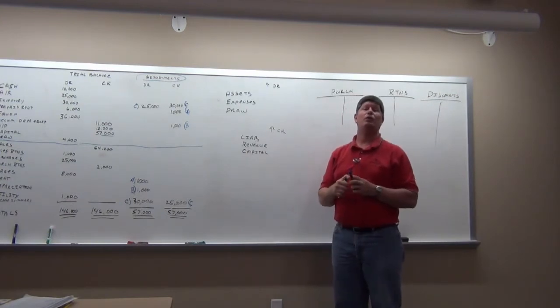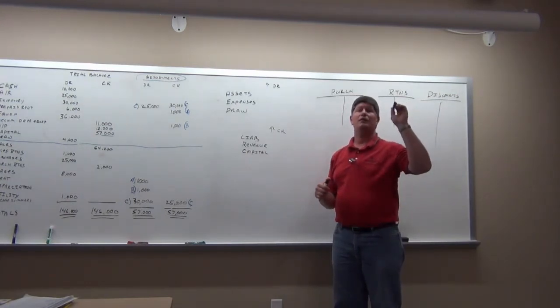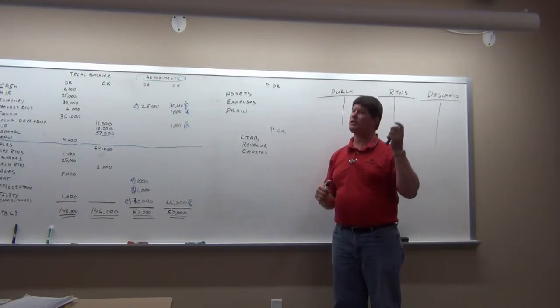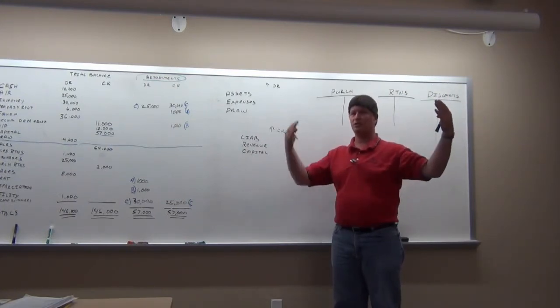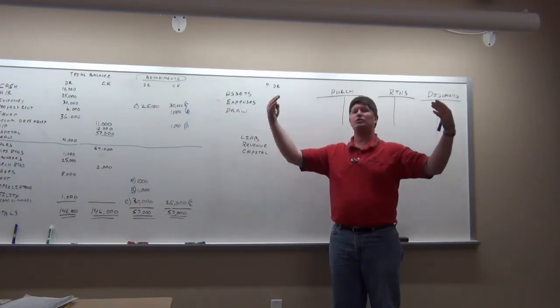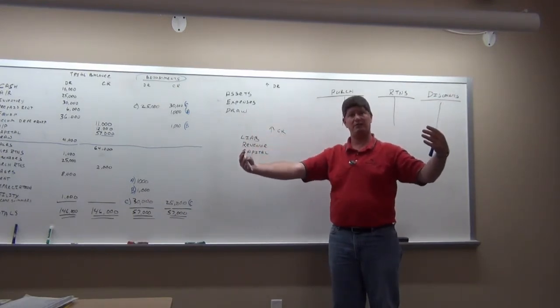You've got the whole fixed assets and accumulated depreciation thing straight in your head, right? Assets are a debit. The accumulation is a contra. Accumulated depreciation is a contra account, so it's a credit.